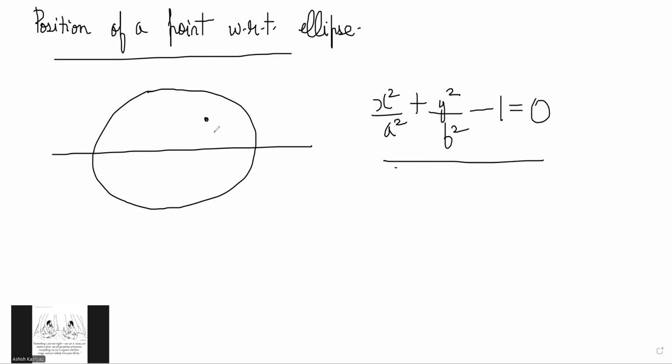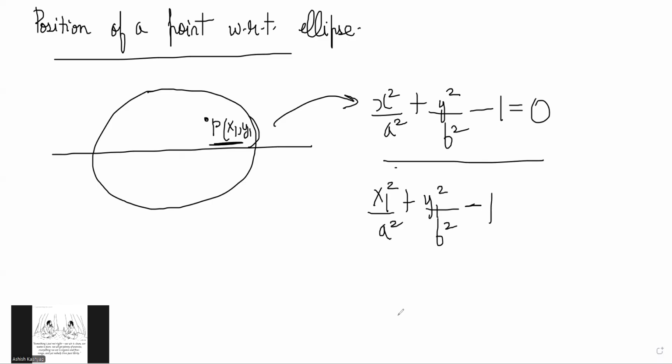If you have a point x1 comma y1 inside, if you put this point in the equation of the ellipse, you will get x1 square by a square plus y1 square by b square minus 1, and that quantity will be less than 0. And if that quantity was greater than 0, then p is outside.